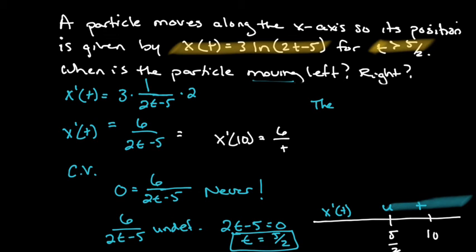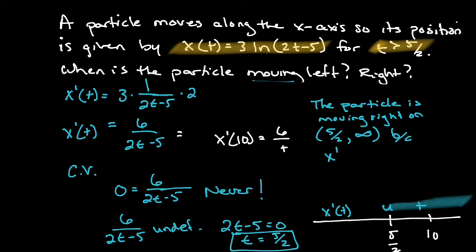The particle is moving right on the interval 5 halves to infinity, because x prime of t is greater than 0. And there is my full defense of what's happening with the particle. That would be my solid answer.